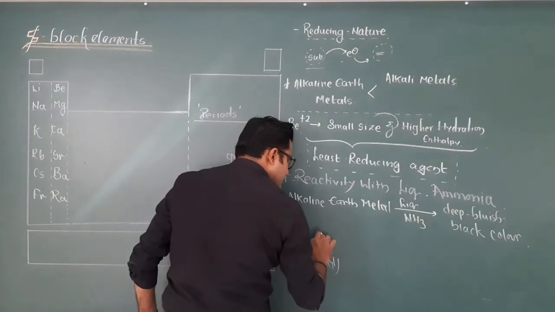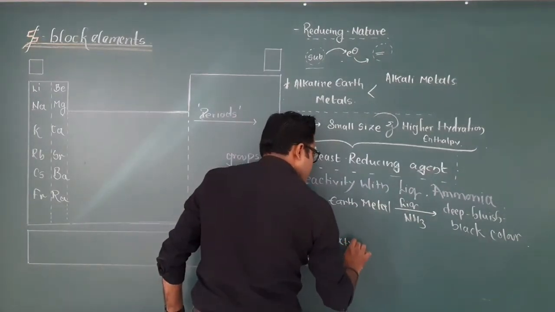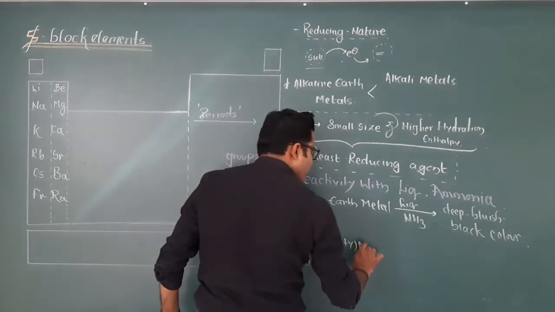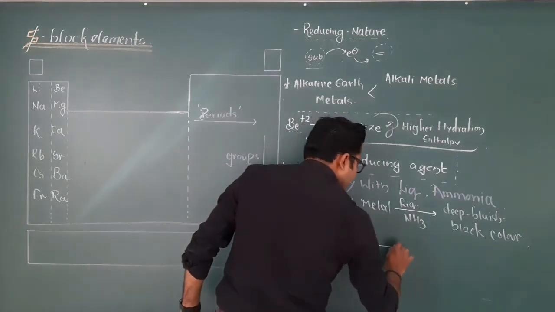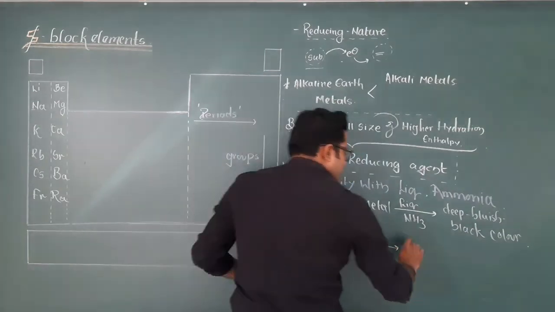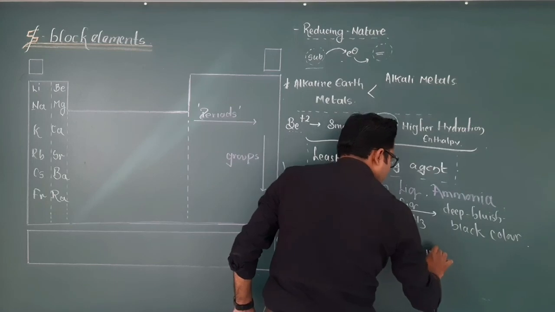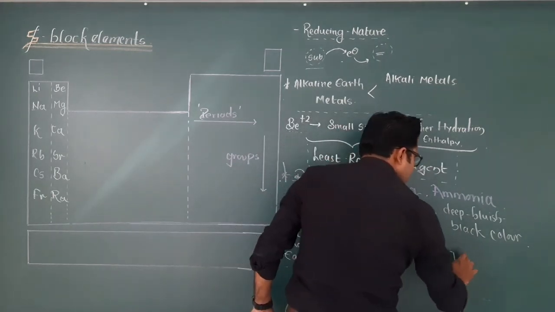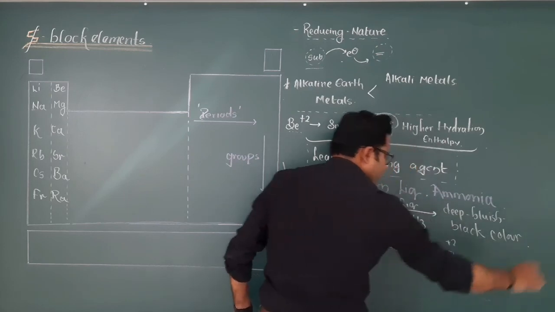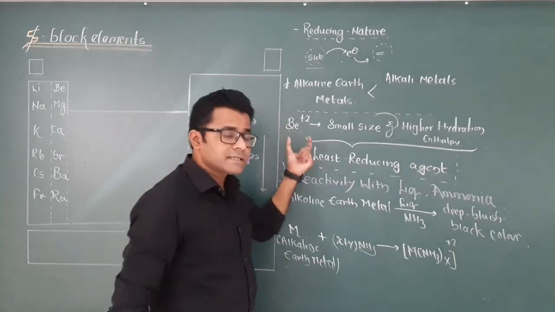When we subject it to x plus y moles of liquid ammonia, what happens is that we get M(NH3)x 2+, because the alkaline earth metal exists in the +2 state.